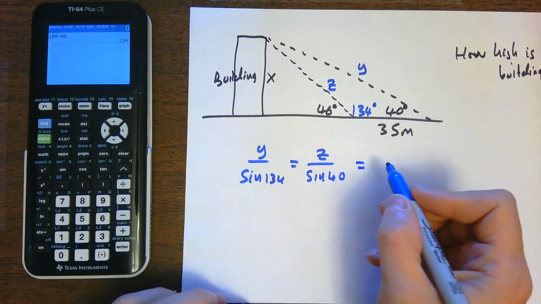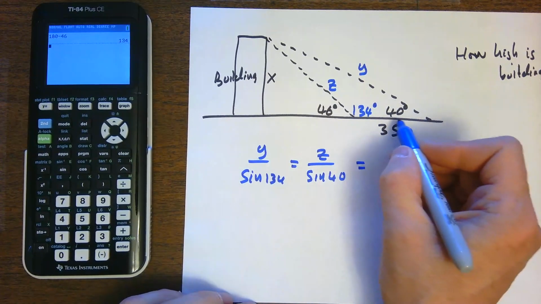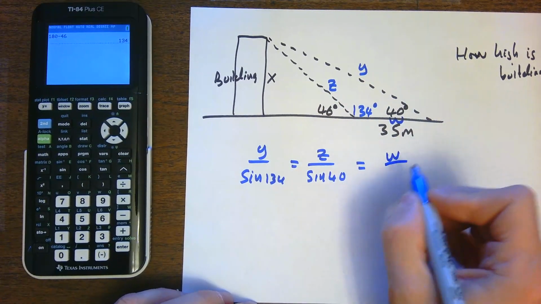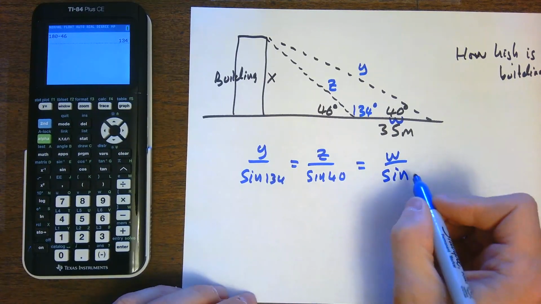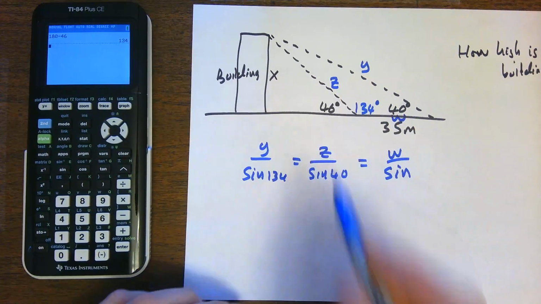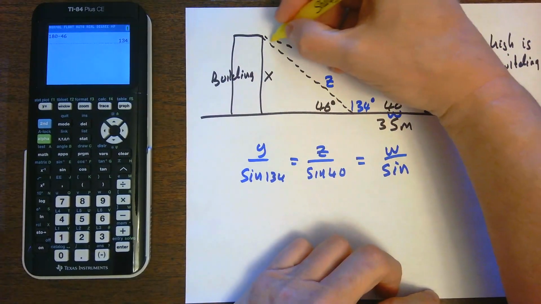Which is equal to this distance right here. Let's see, x, y, z. I'm going to call this distance w. W over the sine of, what's that angle up in there? Again, I'm just focusing in on this triangle right now.